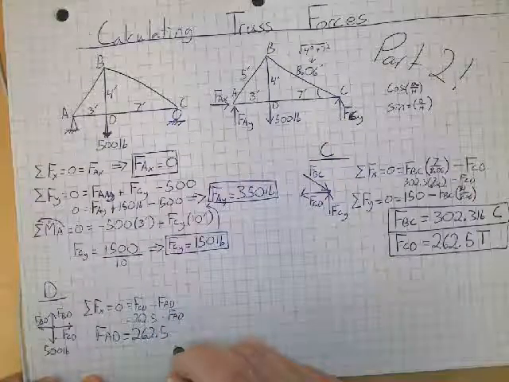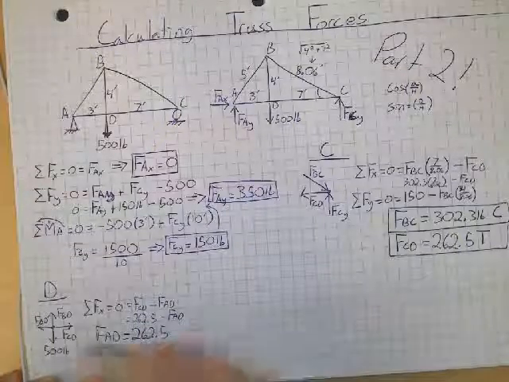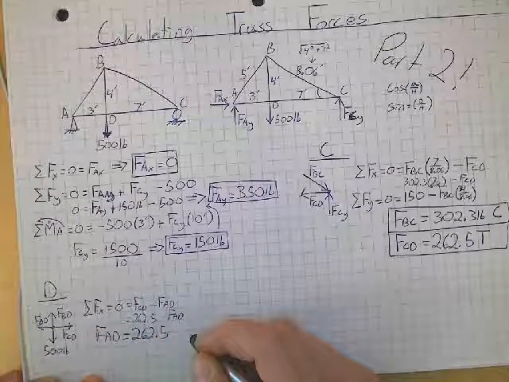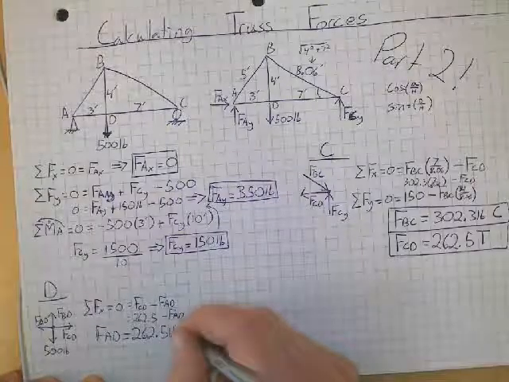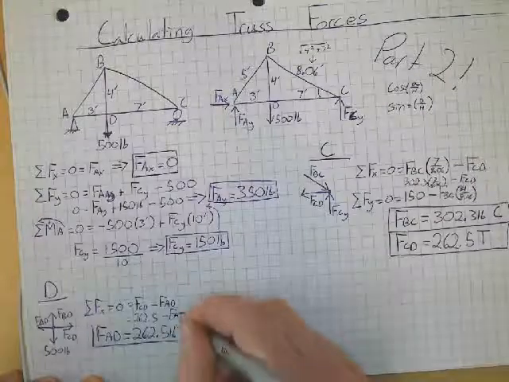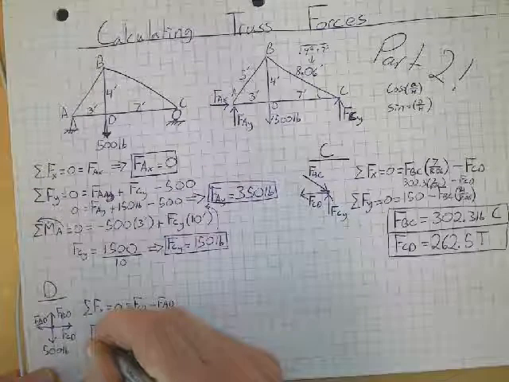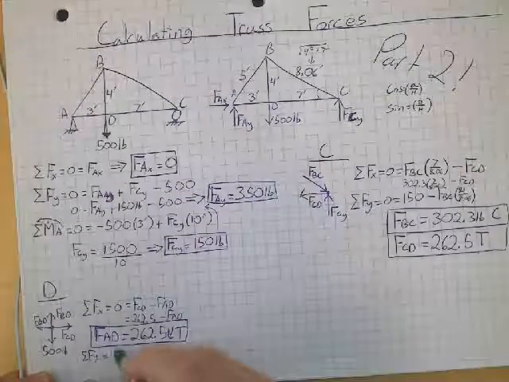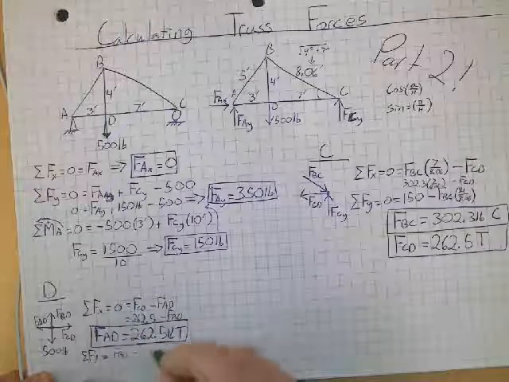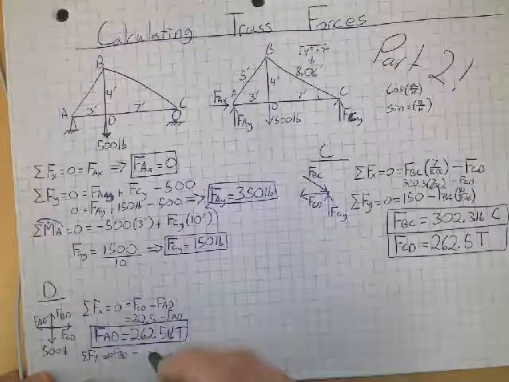And because that's acting away from the joint, I know that that is in tension. My other one, the sum of my forces in Y, would be FBD minus 500.